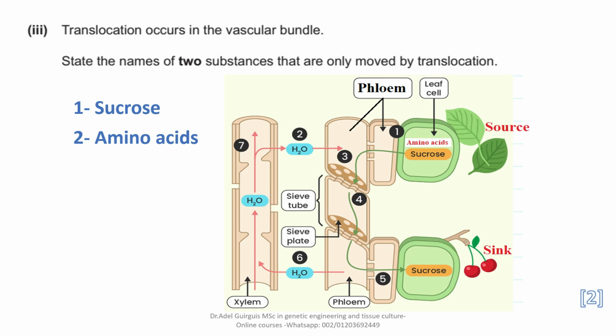They are transported from the source, I mean the leaves, into all parts of the plant through phloem, where they may be stored in a sink or reach fruit, flower, root hair cells, where they are used for metabolism or for storage.